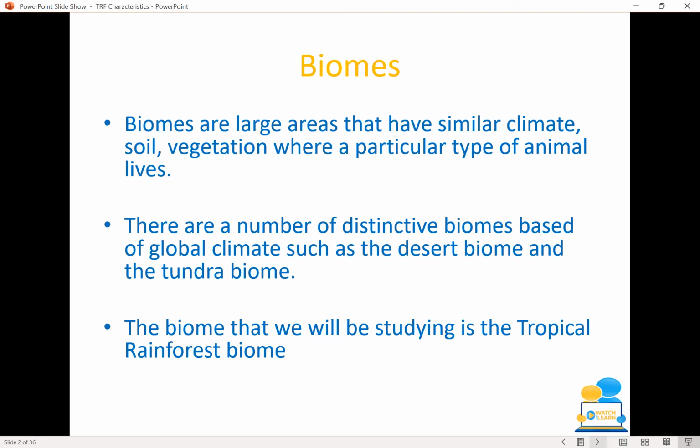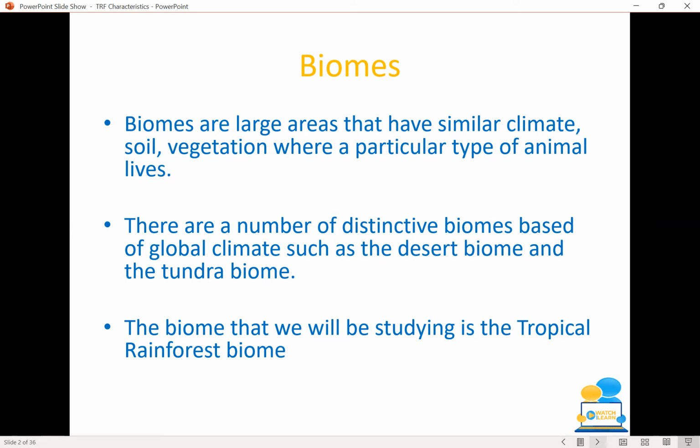There are a number of distinctive biomes based on global climate, such as the desert biome and the tundra biome that we find further north in the northern hemisphere. The biome we are going to be studying, though, is the tropical rainforest biome.